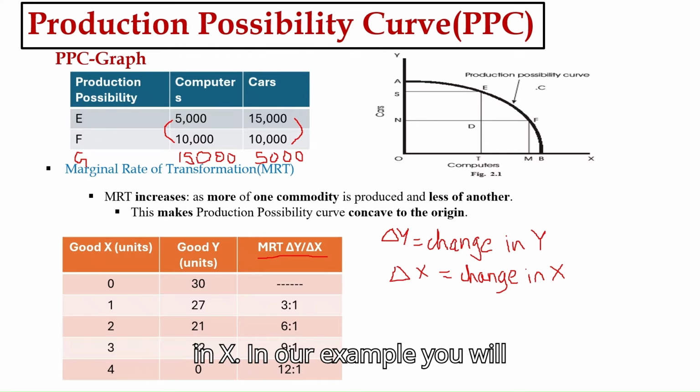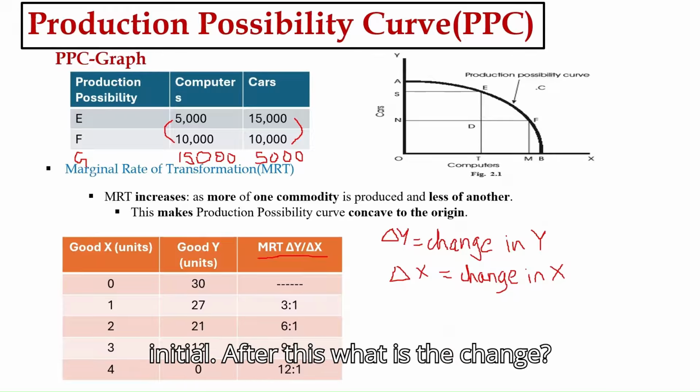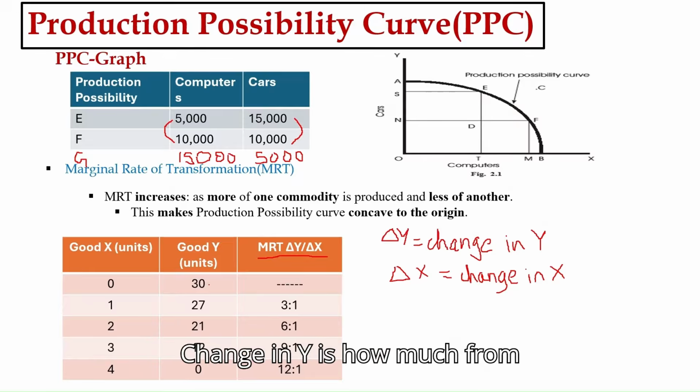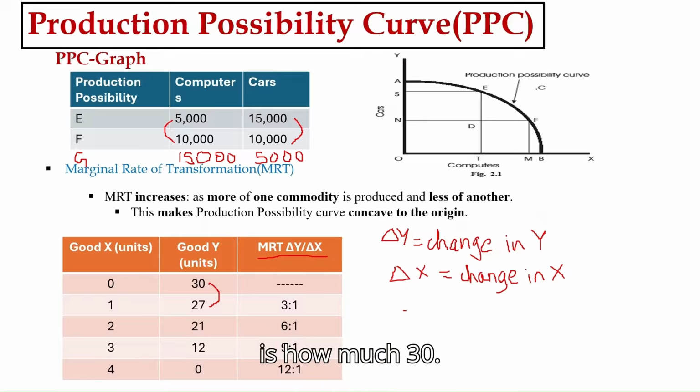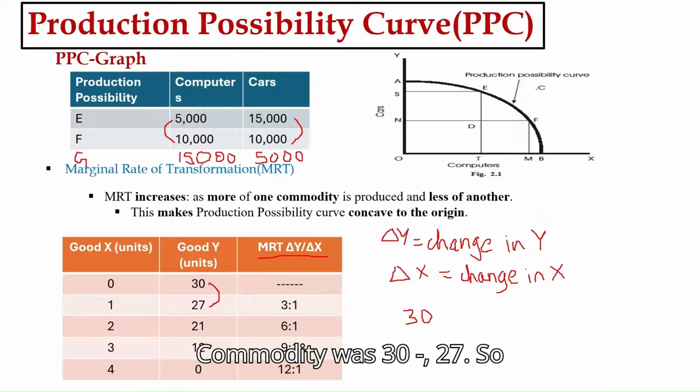In our example, the first row we will not consider because it is 0 and 30, the initial values. After this, what is the change? Change in Y is how much? Commodity Y was 30, now it is 27, so 30 minus 27.